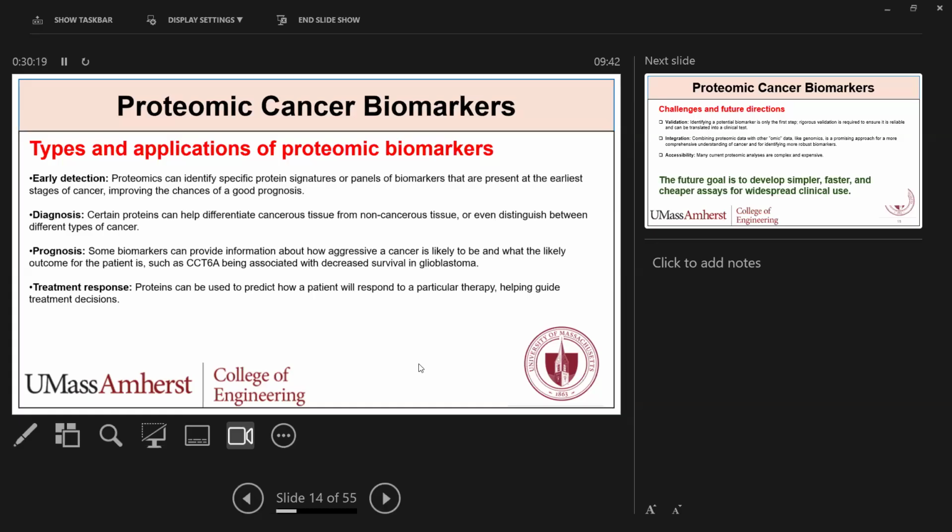And diagnosis, prognosis: some biomarkers provide information about how aggressive a cancer is likely to be and what the likely outcome is, as I mentioned with the funny example before. And treatment response. Even after the cancer is removed, there is a chance of it coming back, right? So there is a chance of recurrence. During that time also we can use these proteomic biomarkers.